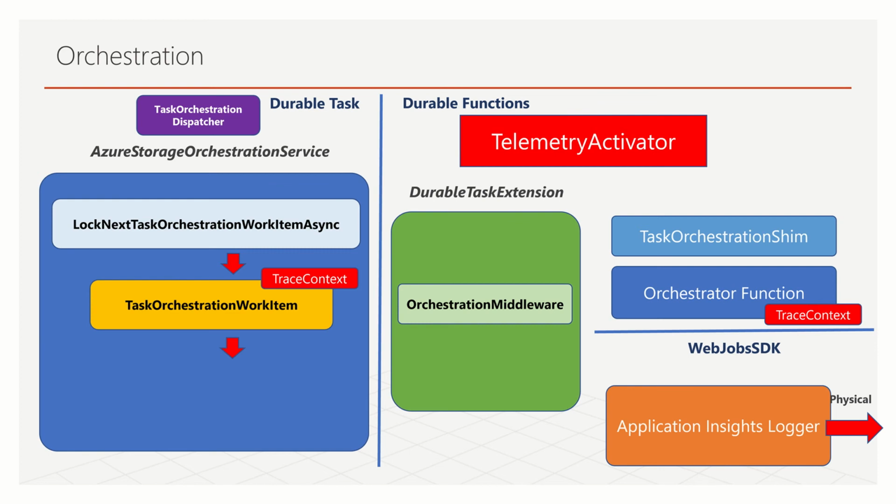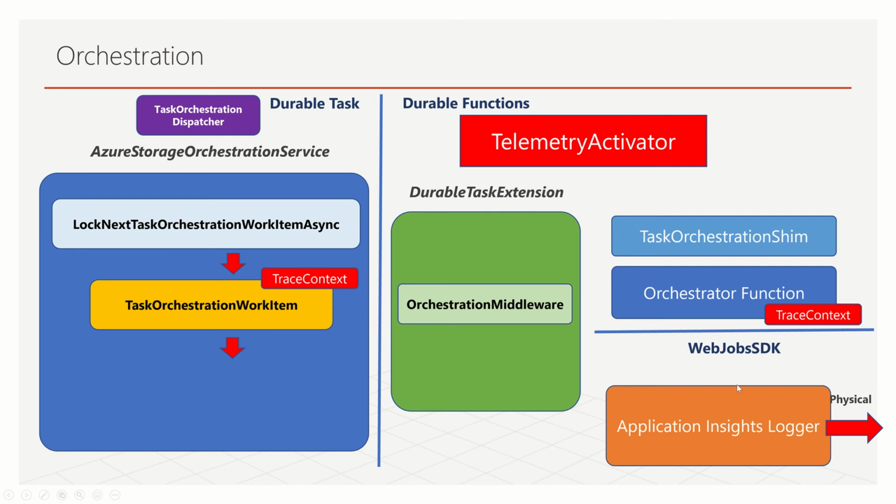This is because the orchestrator is replayed several times, and from the customer's point of view, they execute only one orchestrator function. But inside durable functions, it is executed several times. Each of those executions is tracked by this one.